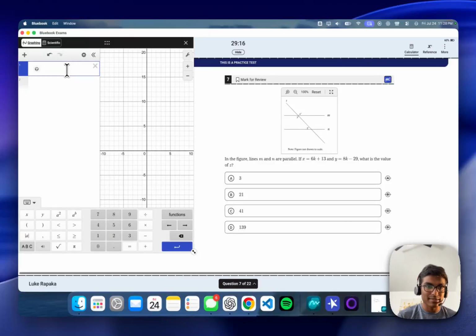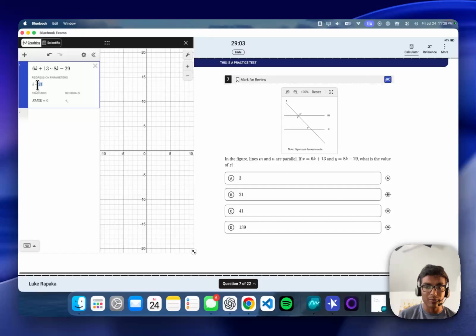So what I can do is set, again using this tilde setup to my advantage, so I don't have to do stuff, divided by 8k minus 29. So we have this, right? Now it just tells us k is 21 straight up.